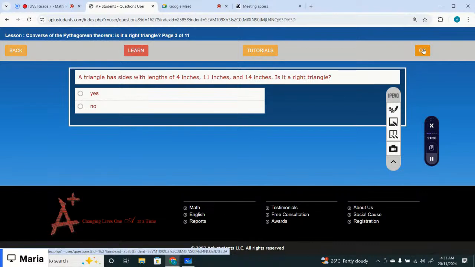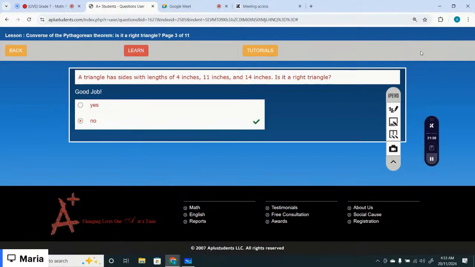The correct option is no, that isn't a right triangle. The correct option is no.